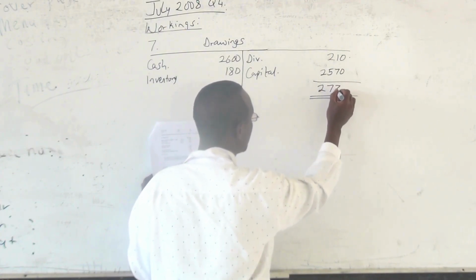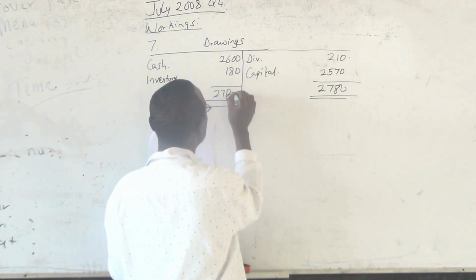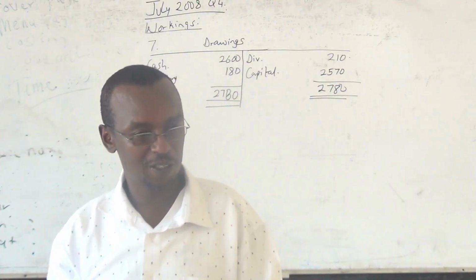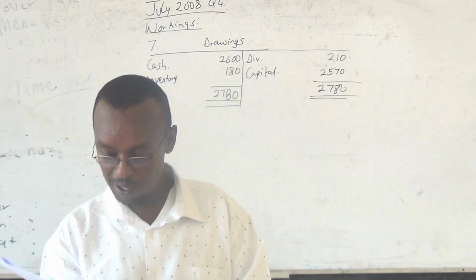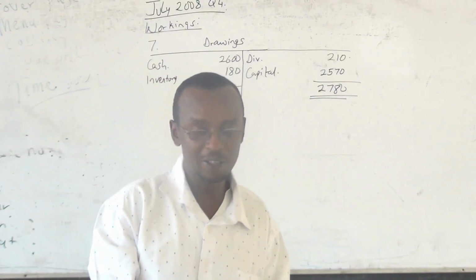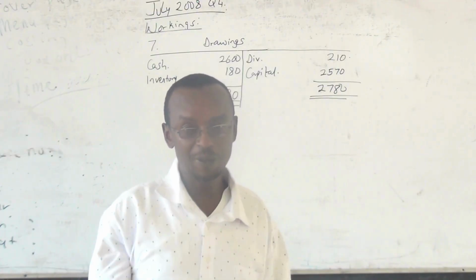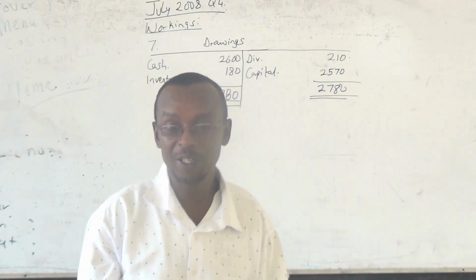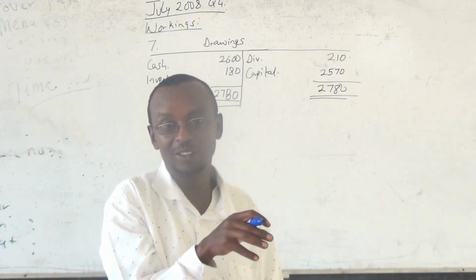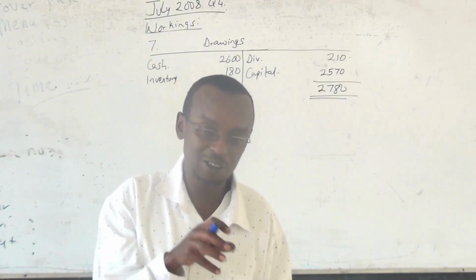What is dividend, first of all? Dividends are income from investments. When you invest in shares of a company, then you earn interest. But now, in the balances that we have been given, we have not seen anywhere where the company or the business has invested, isn't it? So it means this dividend is not meant for the business.